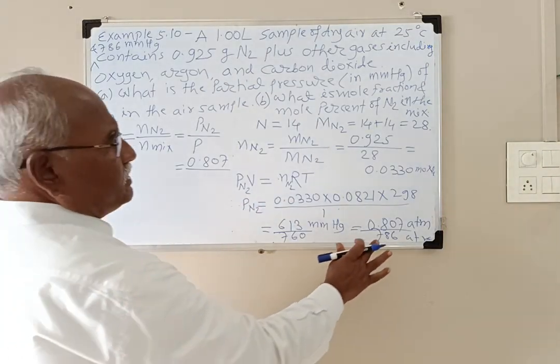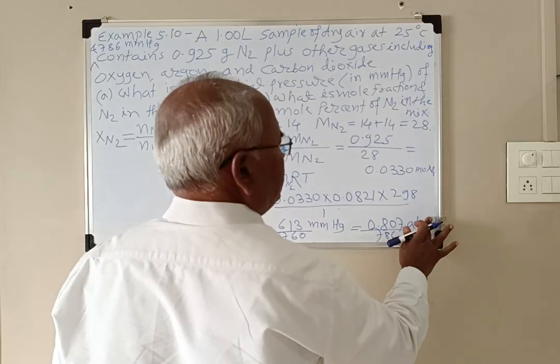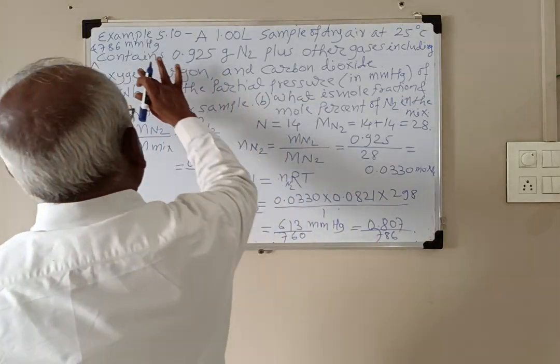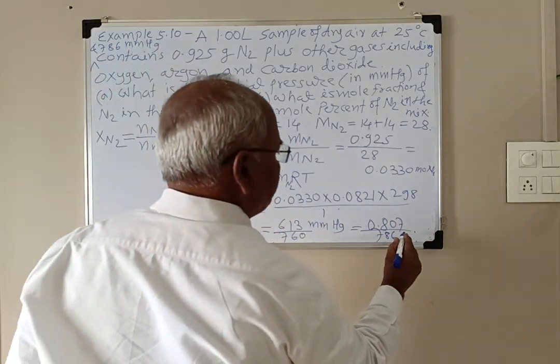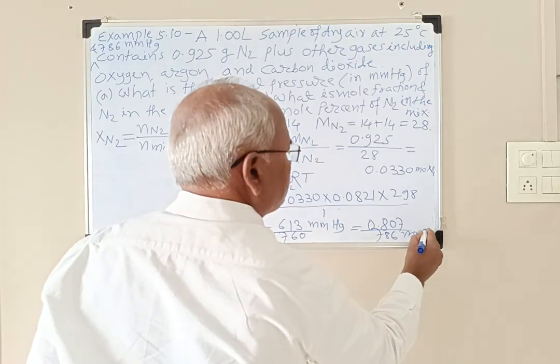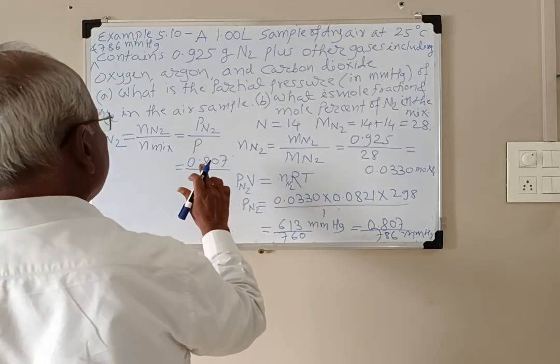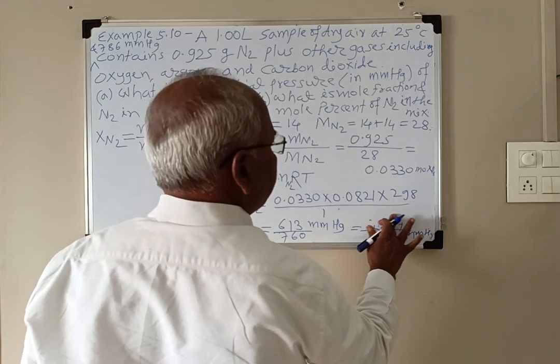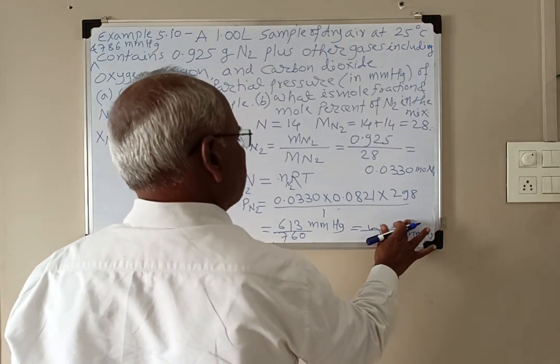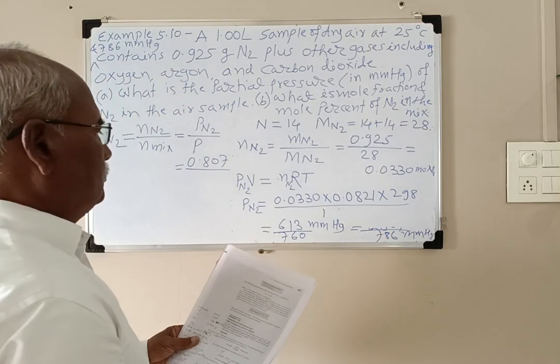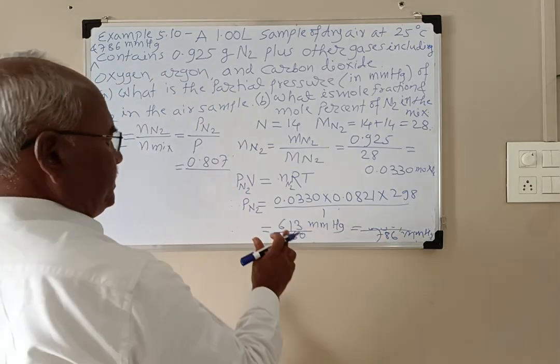So instead of taking atmosphere here, this pressure is given in mmHg. So you take here also mmHg, 807, that is equal to 613.